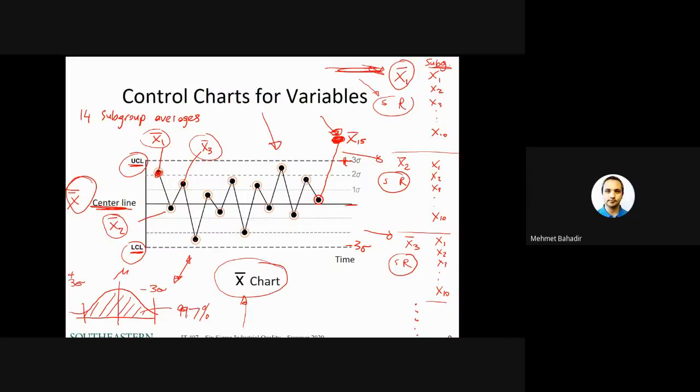When we identify a pattern or outside the control limit points, we will say that the process is not under control. If there is no pattern or no point outside the control limits, then we will say that this process is under control.